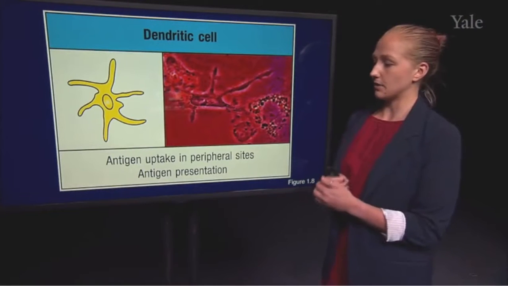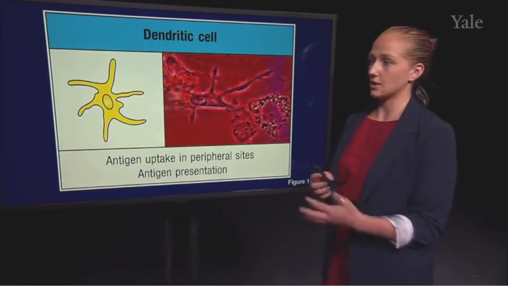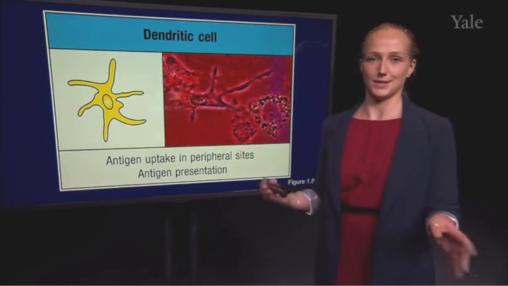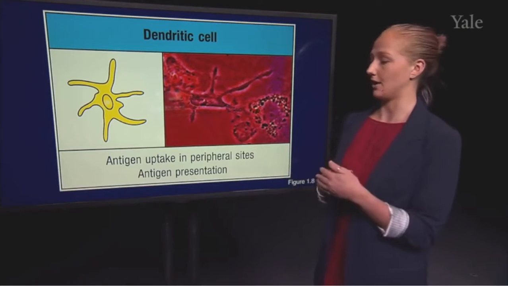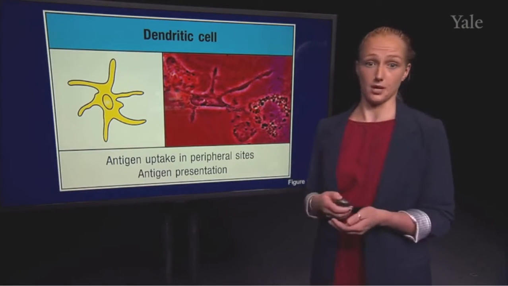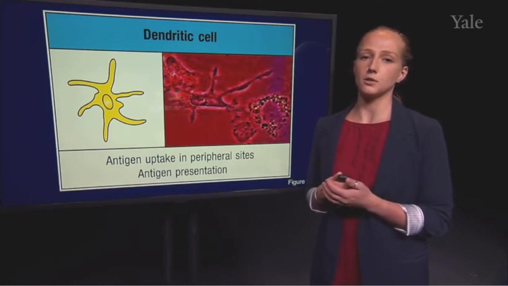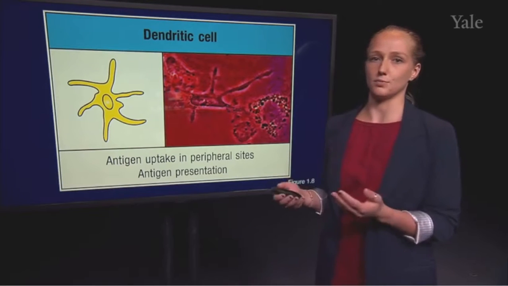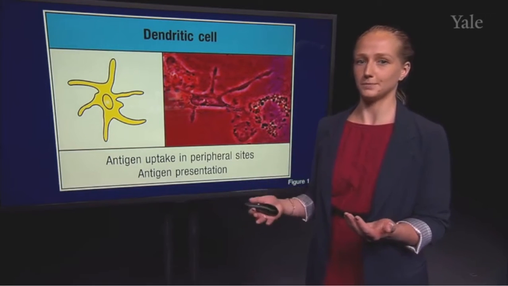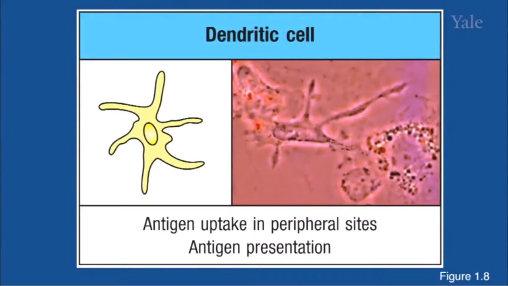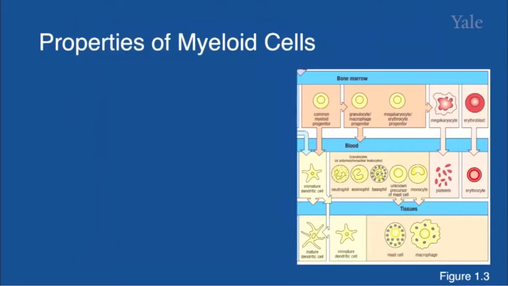At these peripheral sites, the dendritic cells use their dendrites to sense the environment as well as take up various particles. They're also very critical in antigen presentation and are usually thought to be the bridge between innate and adaptive immunity.